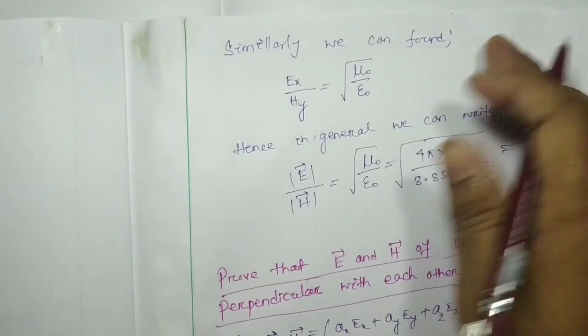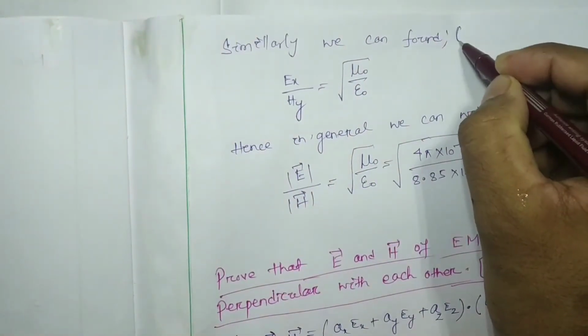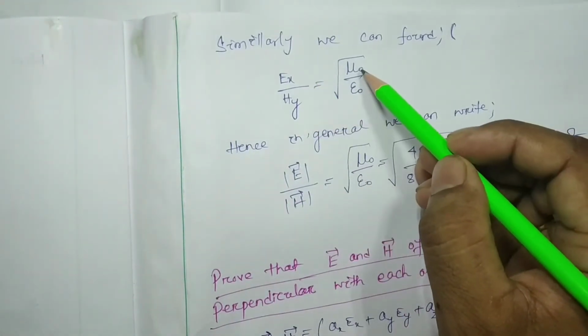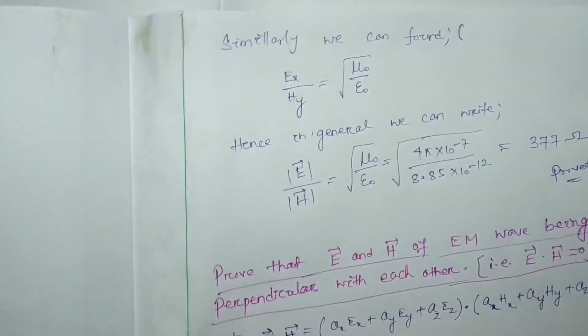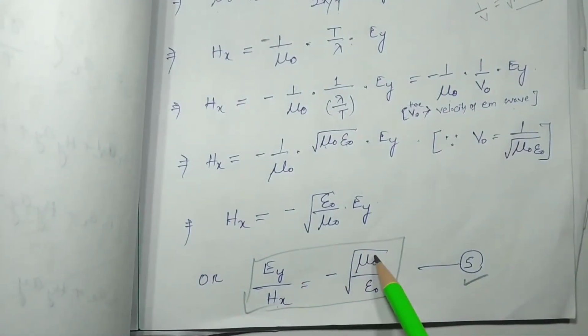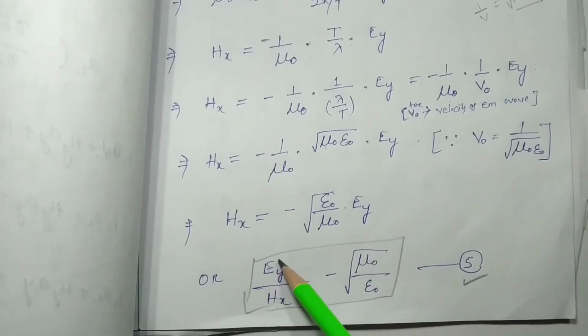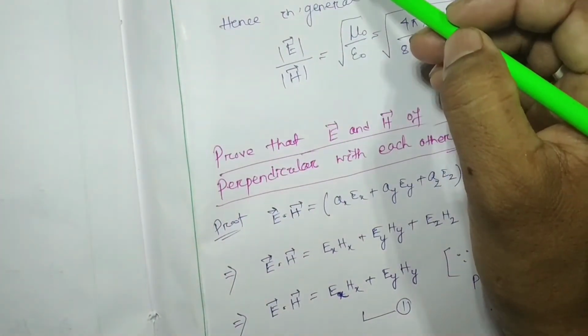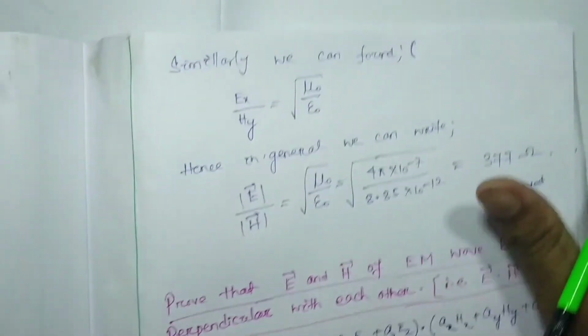Now similarly we can find Ex by Hx equal to root over of mu 0 by epsilon 0. Here you just see, Ey by Hx we found minus root over mu 0 by epsilon 0. I just reverse the components, that is Ex by Hy. Ex by Hy equals root over mu 0 by epsilon 0.